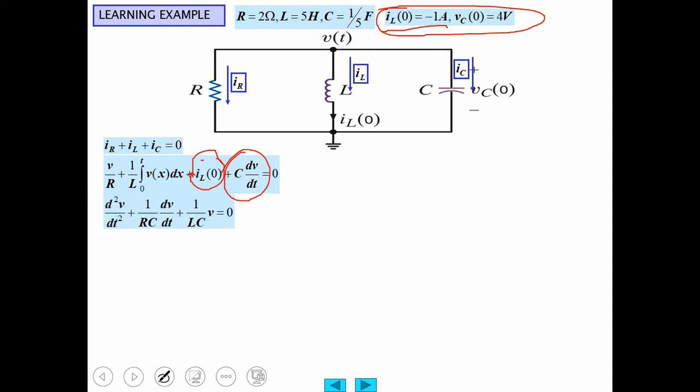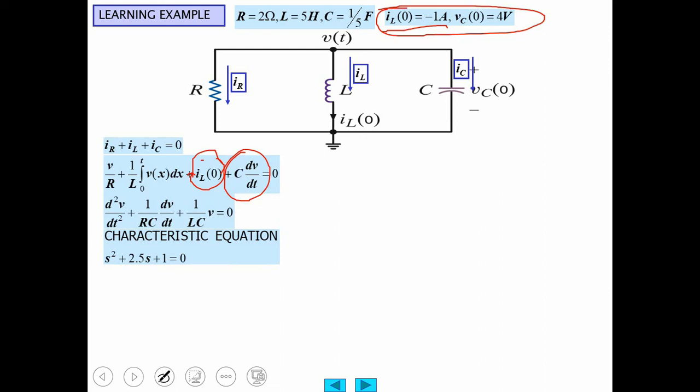Okay, rearranging the equation, differentiating, and then dividing through by C, we get this equation next. Given the values of C and R, 2 times a fifth is 2/5.